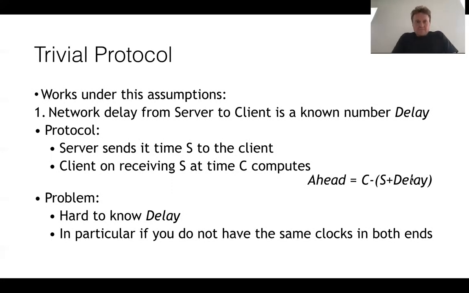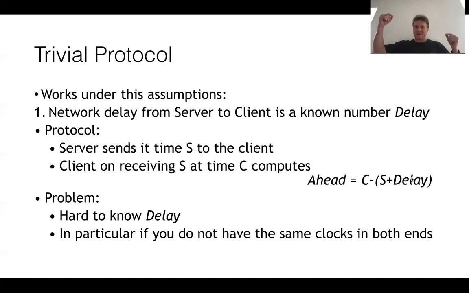And it's very hard to measure a delay in a network, because the delay is the time from when the server sent the message until I received it. We cannot just have the server tell at what time it sent it and then subtract my time, because our clocks might not be synchronized.